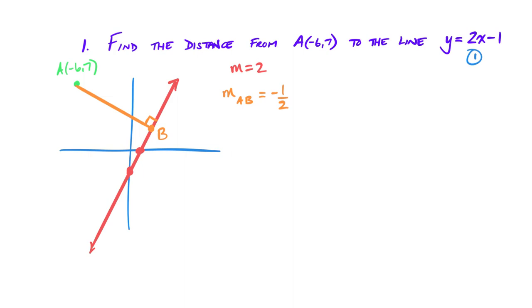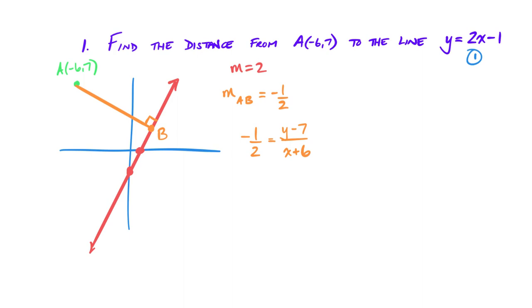Here we go. So the first thing I'm going to do is build the equation of AB. And so to build that, I need a point and a slope. Well, I'm going to sub my slope and point A into my slope coordinate formula. Now, I like using my slope coordinate formula rather than y equals mx plus b, because then if I have fractions in my slope, I'm going to eliminate my fractions right away.